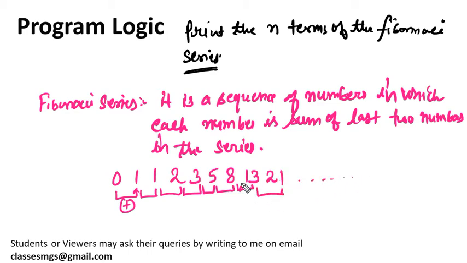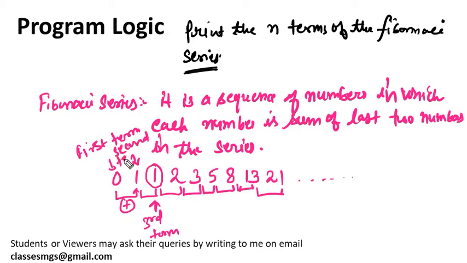If you notice, starting from this one, this is the third term of the Fibonacci series. The first two terms of the Fibonacci series are fixed, and from the third term onwards, each term is the sum of the previous two terms.